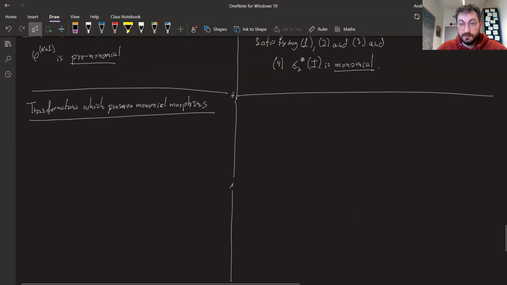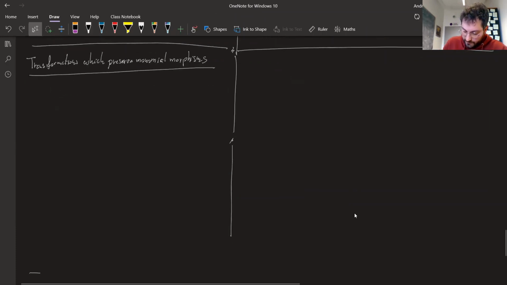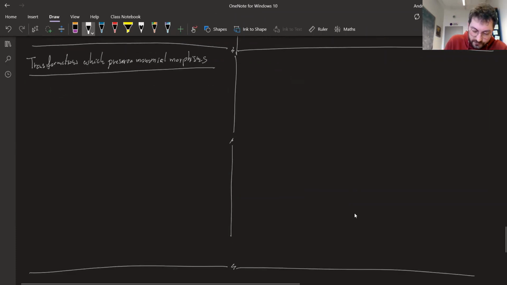As we did before, the transformations that keep everything good are combinatorial transformations.